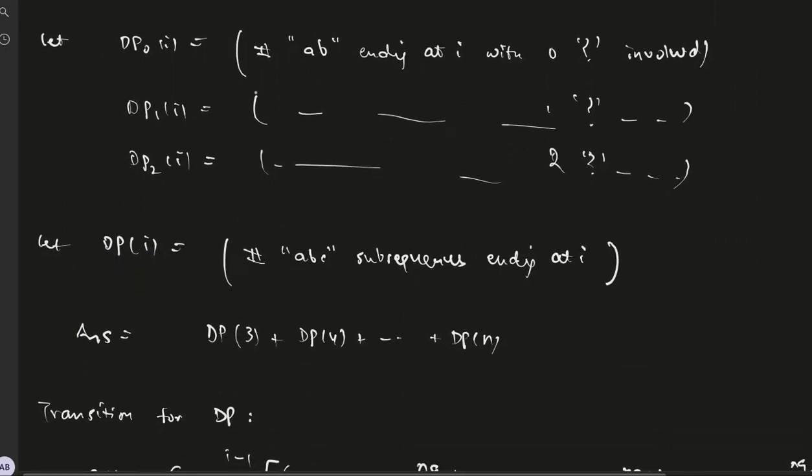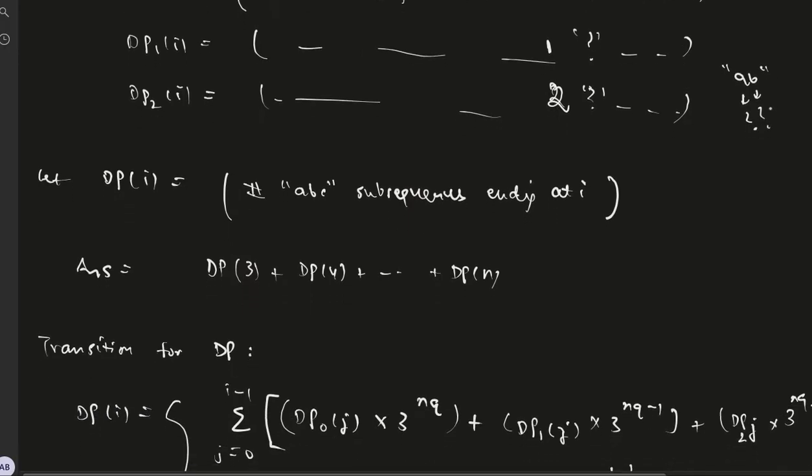So the way we model this is with a dp, where dp0 of i is equal to the number of subsequences AB ending at i, with 0 question marks involved in the creation of the subsequence AB. That is, A would be an organic character, B would be an organic character. None of them are derived from a question mark. Okay. dp1 is 1 question mark, dp2 is 2 question marks. That means that in AB, originally both were question marks, right?